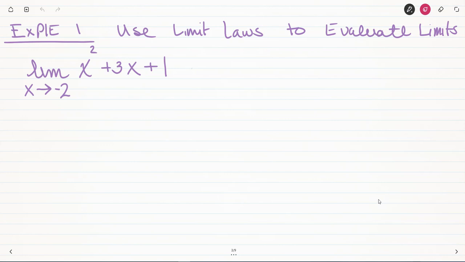Now, this is not a difficult limit to evaluate, but notice that the directions don't just say evaluate. I could probably teach a 6th grade pre-algebra student how to evaluate this limit, because all we're going to do is use direct substitution and replace the x with a -2.